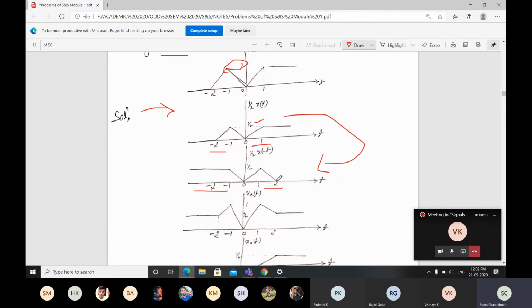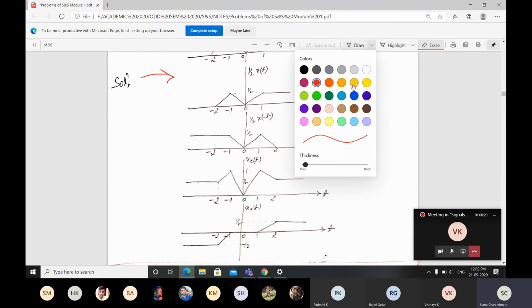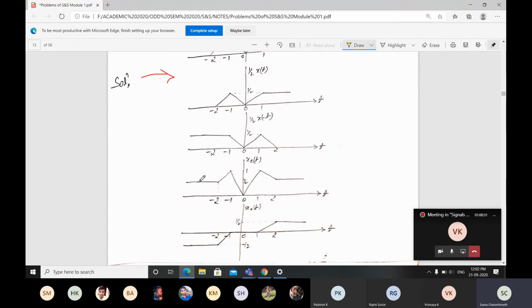These two signals. Then what you have to do? If I add these two, I should get my even part. Just observe here. When I add these two signals, I will erase the lines. If I observe here, from minus 2 to the other values till infinity, it will be 0.